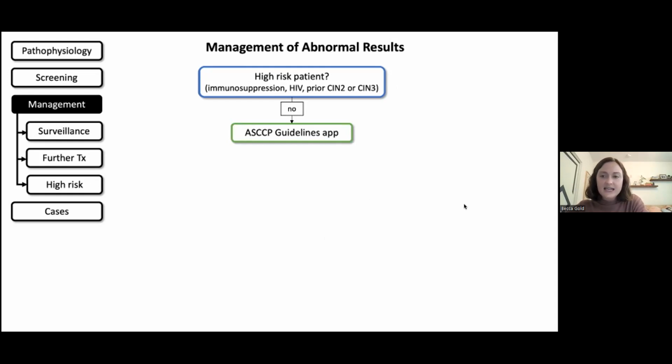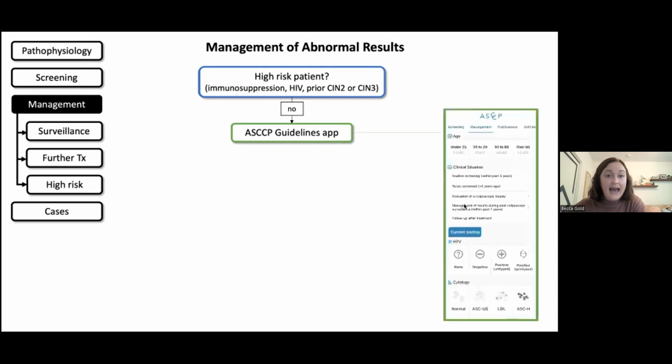And what's really nice is that this is available as an app for pay. I would give a plug to primary care future providers out there to think about shelling out for this one, but it's also free online on their website. And what this tool does is it interprets HPV and cytology results as well as colposcopy biopsy results if they're available to help you decide on the appropriate next steps.